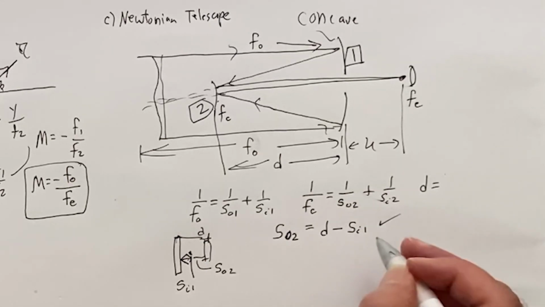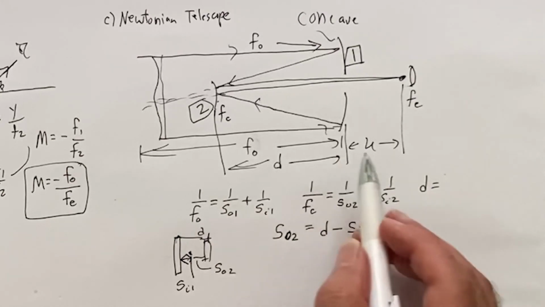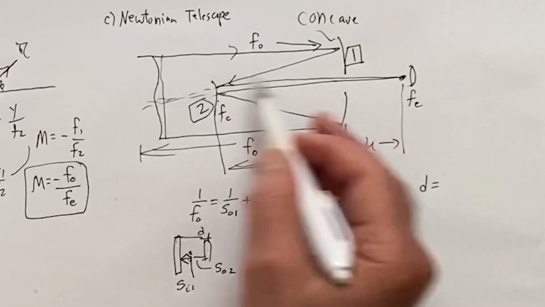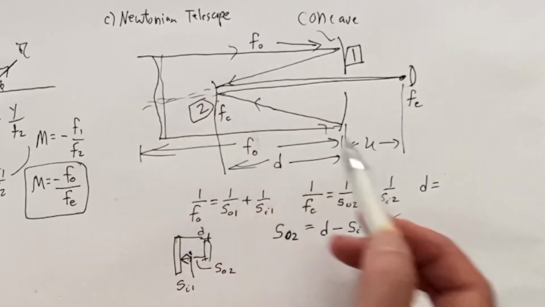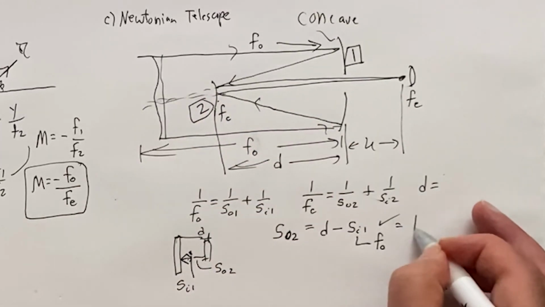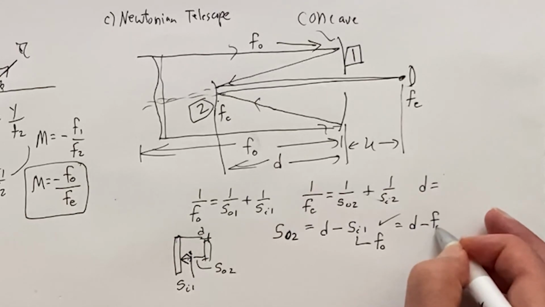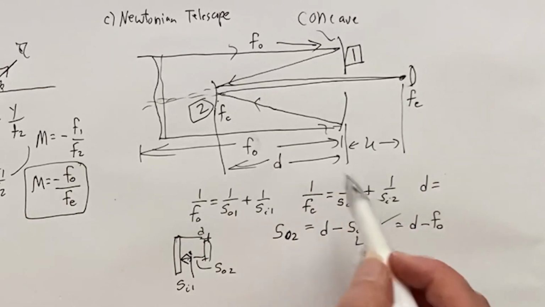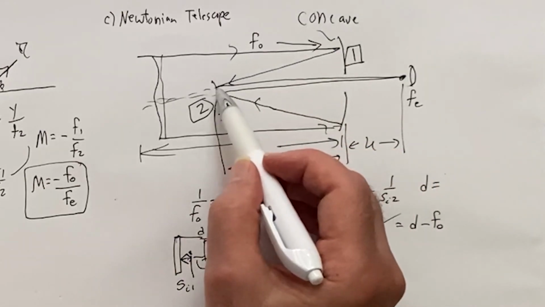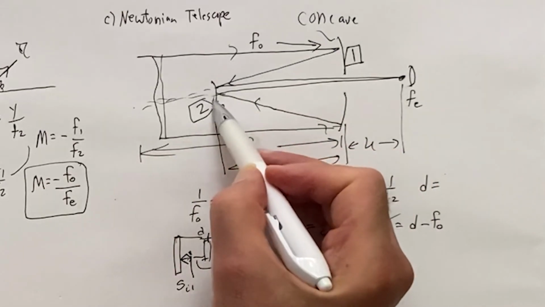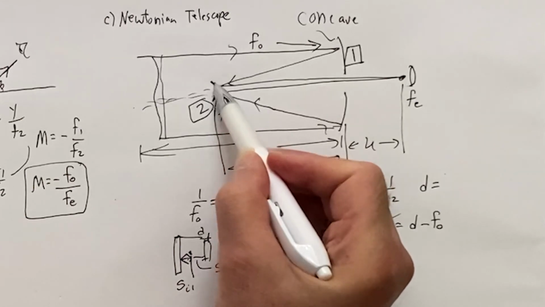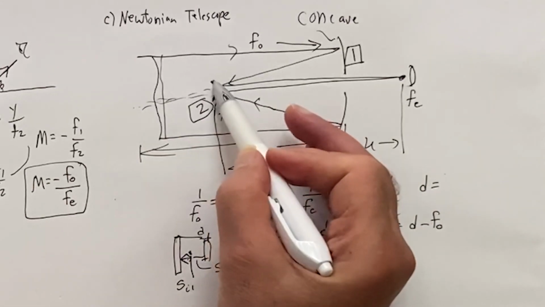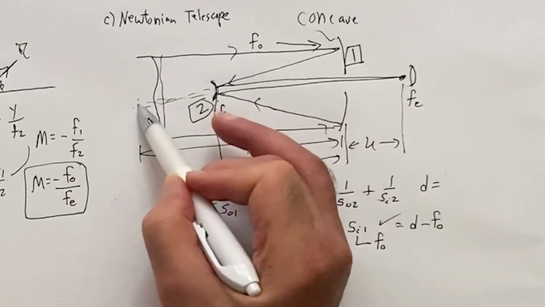Now here, this SI1 is going to be way out here someplace. So this is D minus FO, and that's going to be negative, and it should be negative, because if it's out here, but here's your mirror, and it's facing the other way, you're in negative space. You're behind the mirror. See, so there's your convex, and this is behind the mirror.